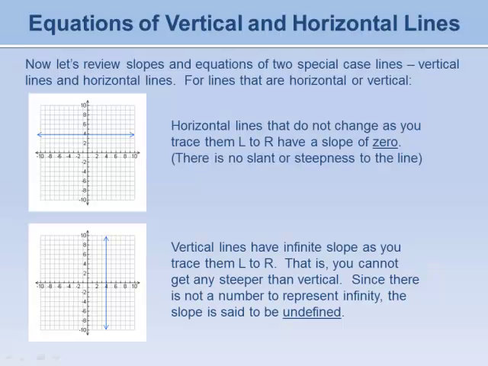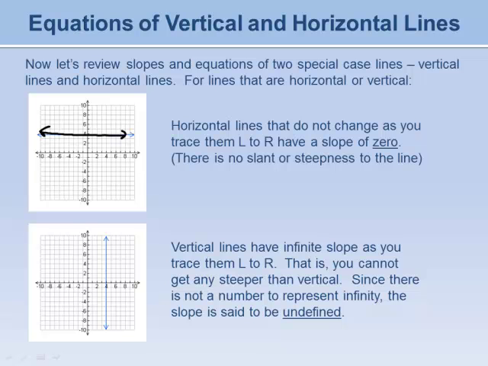Okay, so let's look at equations of vertical and horizontal lines. Let's review slopes and equations of these two special case lines, vertical lines and horizontal lines. Horizontal lines do not change as you trace them left to right, and you would agree that as you move left to right, the y values or the function values do not change at all.